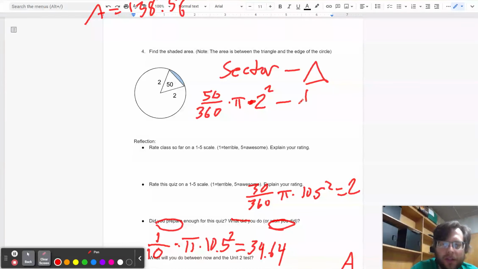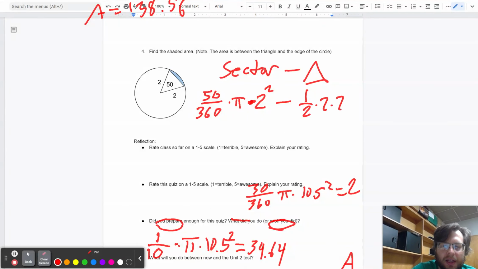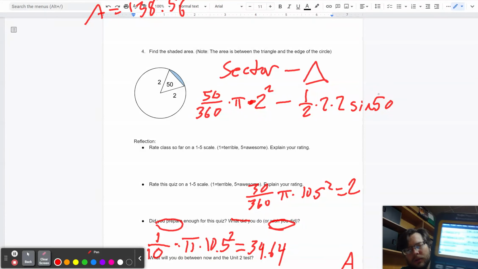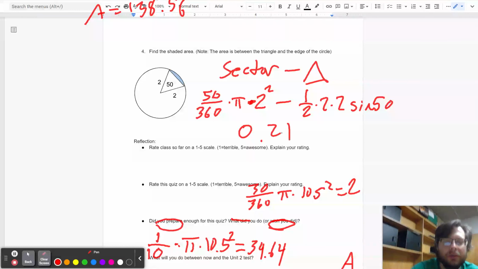And the triangle is 1/2 times a times b sine of c. And again, this is just something you can type in the whole problem directly into your calculator, all as one long line. So here's how I typed it in. And then I hit enter, and I get 0.21.